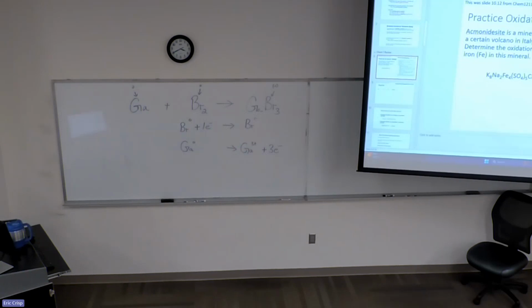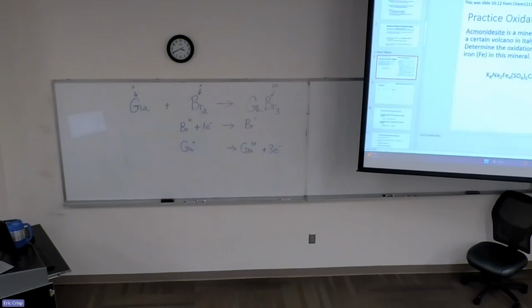Okay, but there's a problem here. Kelsey did say that she remembered that we had to cancel, or was that Carson said we had to cancel stuff out? That was Carson? We had to cancel stuff out, but it's especially the electrons, okay? You can't have loose electrons running around in your lab, somebody will get electrocuted.